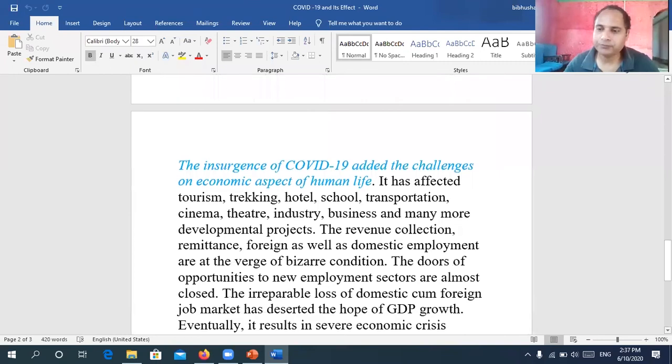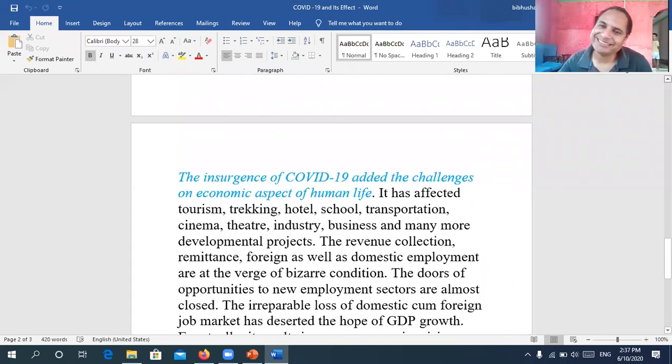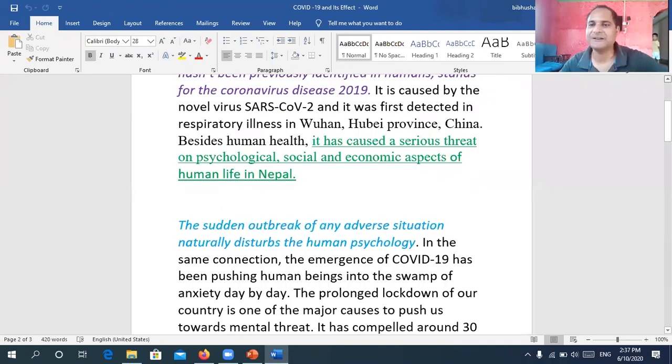And then the third paragraph of the body paragraphs naturally talks about the economic aspect of human life. See the thing. And only three things we were planning to talk about. If we go through the introductory paragraph, do you believe? And if we completed these things, it means, look at this thesis statement.